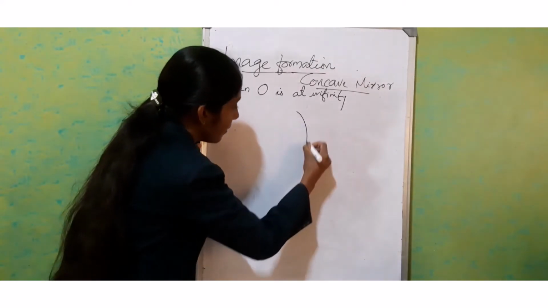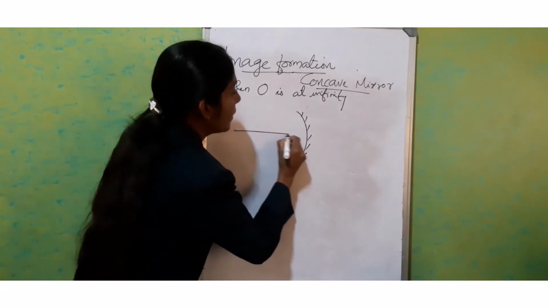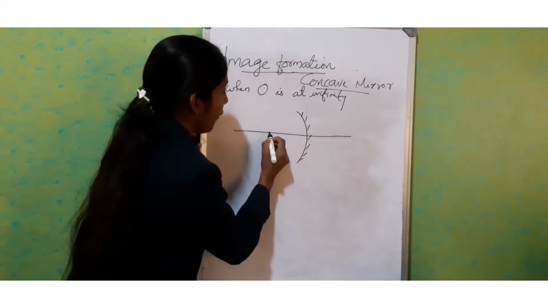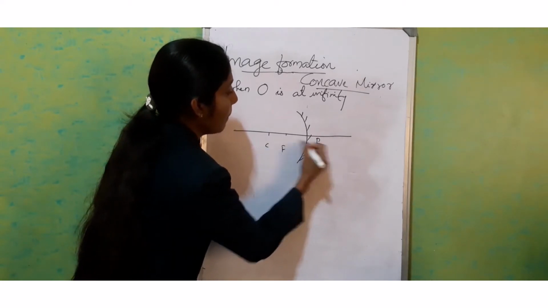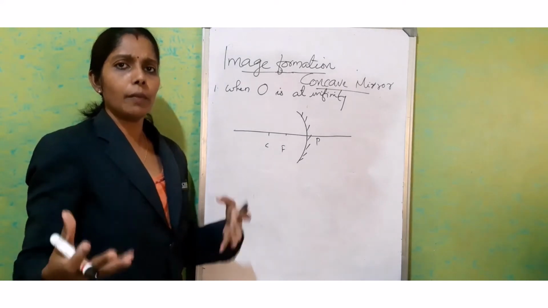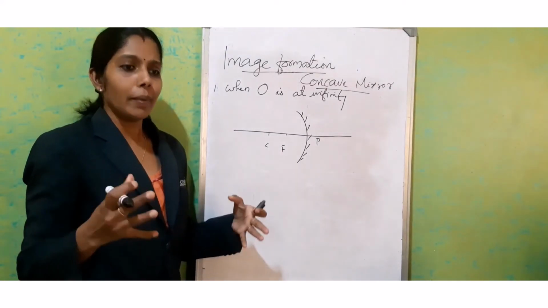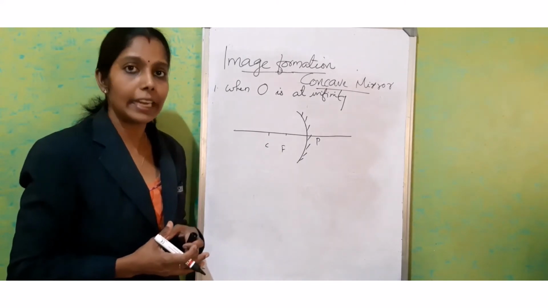First we have to draw a concave mirror and mark its center of curvature, focus and pole. Infinity means more than 1 meter, 2 meter, beyond the immediate surroundings, that we can consider as infinity.